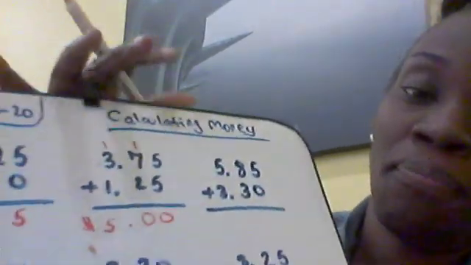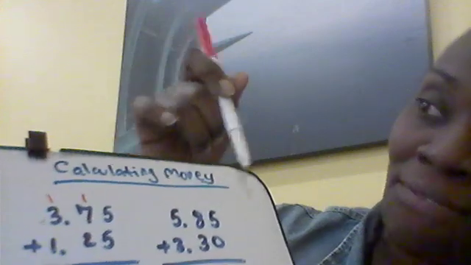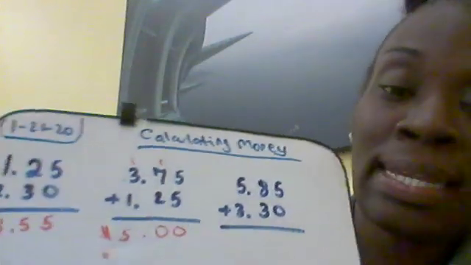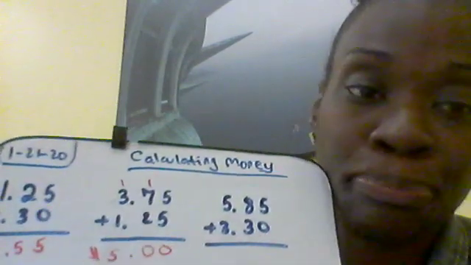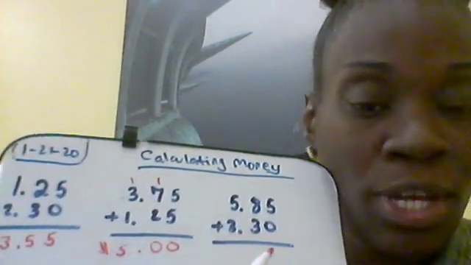Okay, so now let's add. You have $5.85 up top, and then beneath it, you're going to add $3.30. And you add your equal sign.